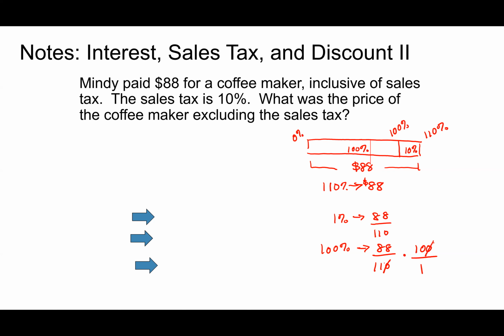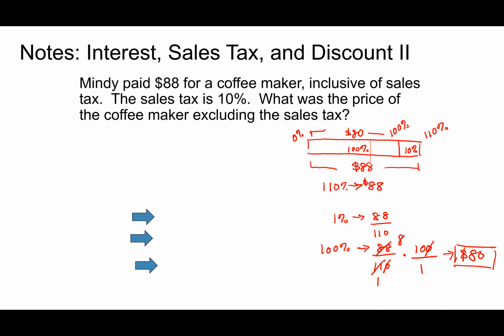Yep, I can turn 11 into a 1. I can divide that by 11, and I can divide 88 by 11, and that becomes 8. Good. All right. So what's the original price of this coffee maker? Rajveer? $80. Great job. Okay. So let's go ahead and mark that.